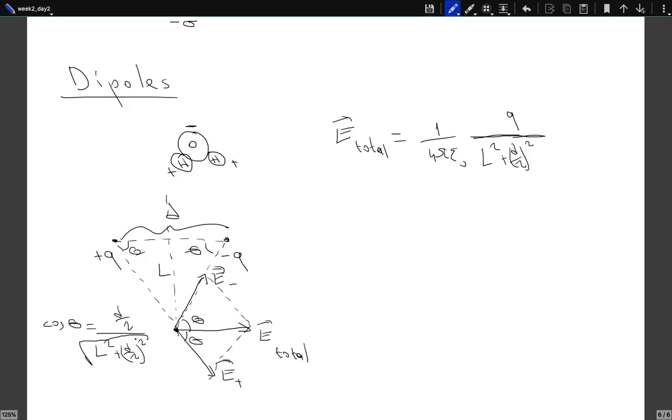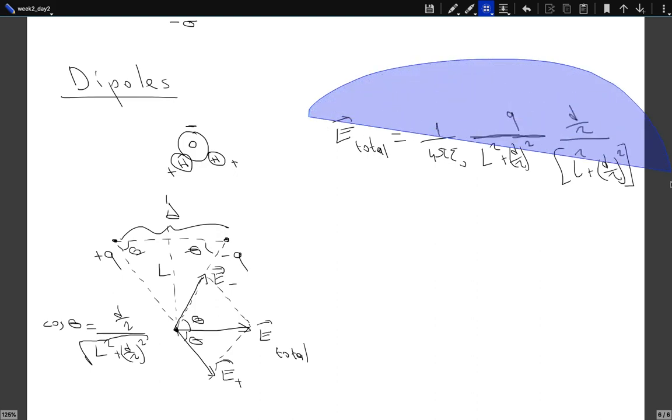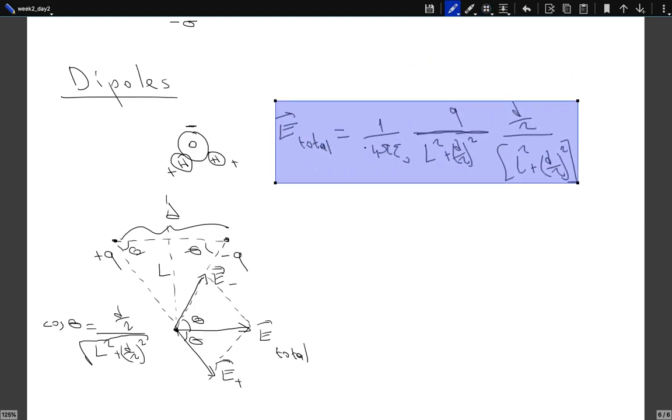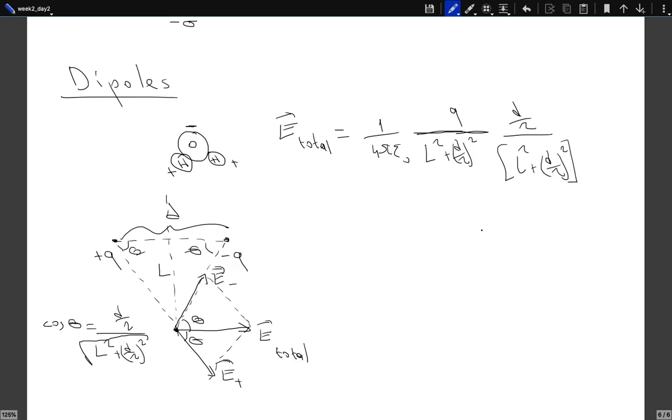So cosine of this angle is just the adjacent side divided by the hypotenuse. So that is the magnitude of the electric field created by this plus Q charge. If I multiply by cosine theta, I get the horizontal component of the electric field created by the positive charge.